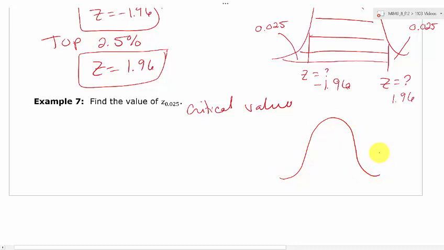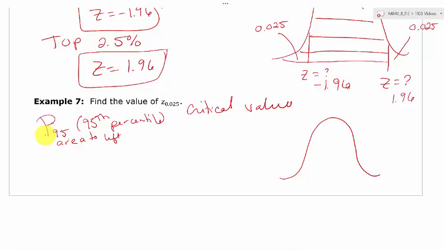So in percentiles, the example from above was P sub 95, the 95th percentile. You want 95% of the data to be to the left, so the area to the left would be 0.95.